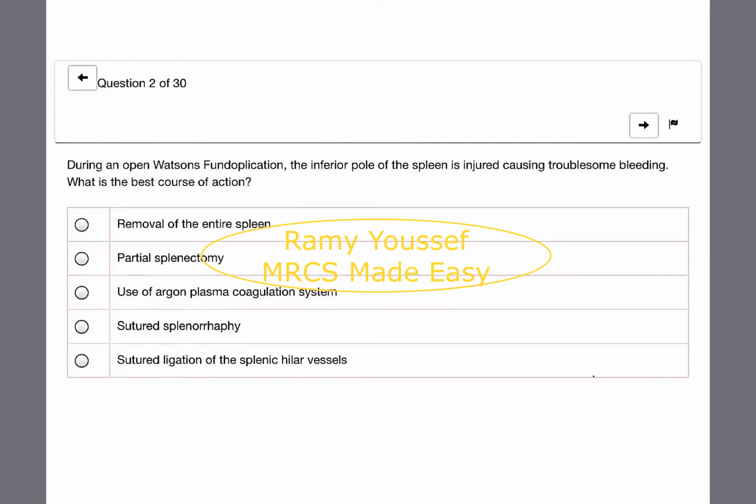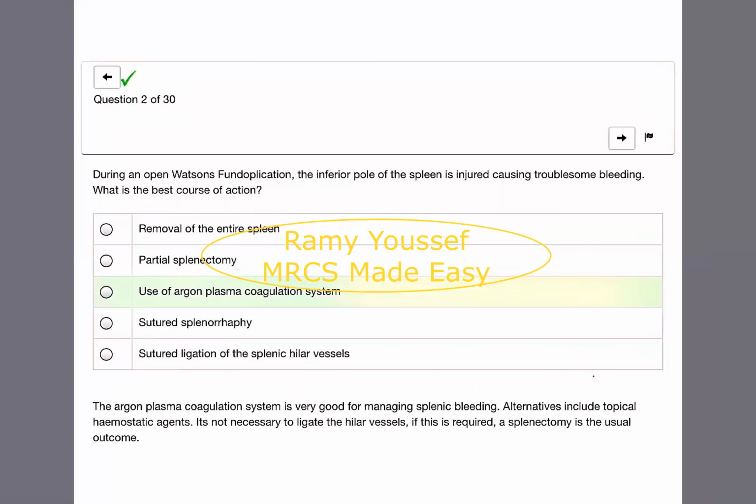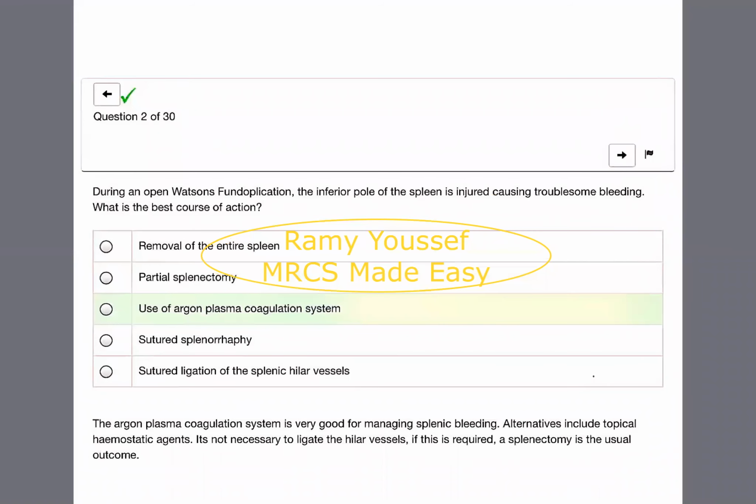Sometimes they wrap it with natural part of the omentum. Sometimes they wrap with some synthetic, something like Vicryl mesh, to be dissolved in time, to stop bleeding. But for me, I didn't see it before. But the only solution here is argon plasma coagulation system. Okay.